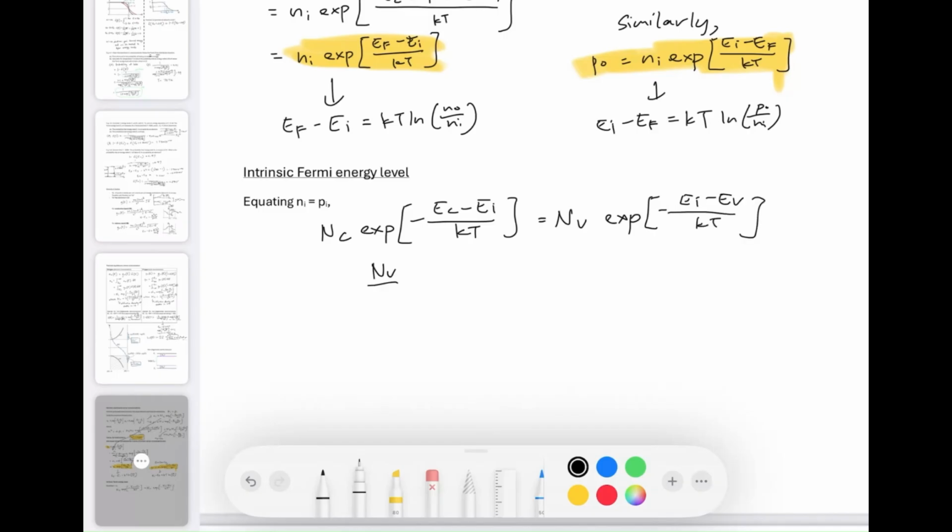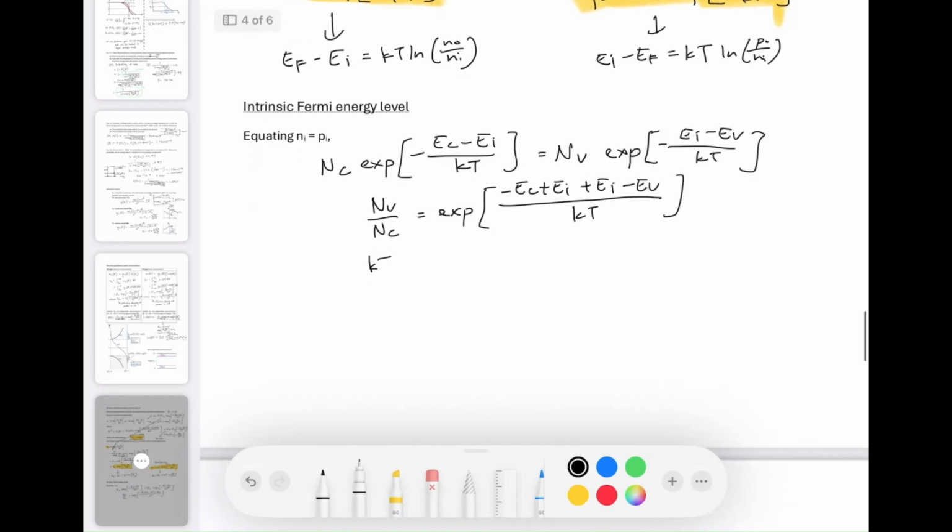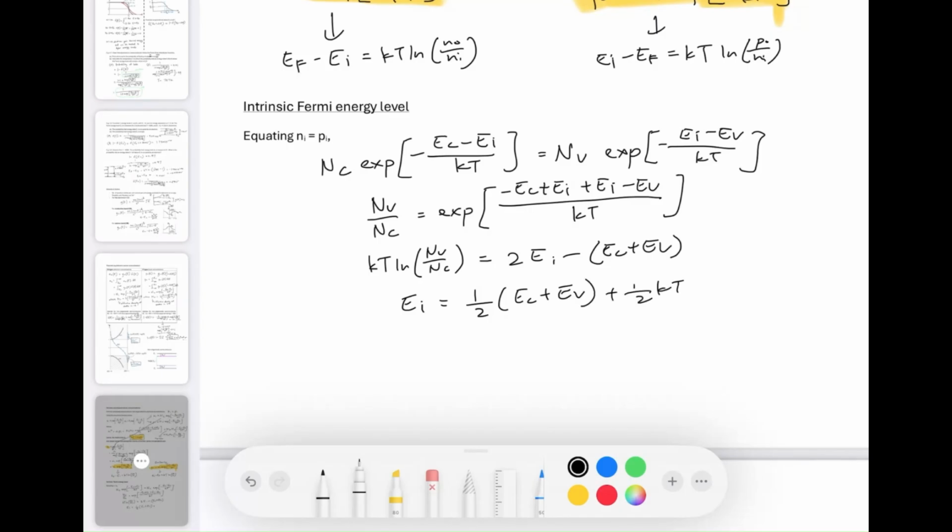We'll just do some math. I'm probably going to speed this part up. Now that we have this, we can rearrange: Ei is equal to half times Ec plus Ev, plus half kT ln Nv over Nc.